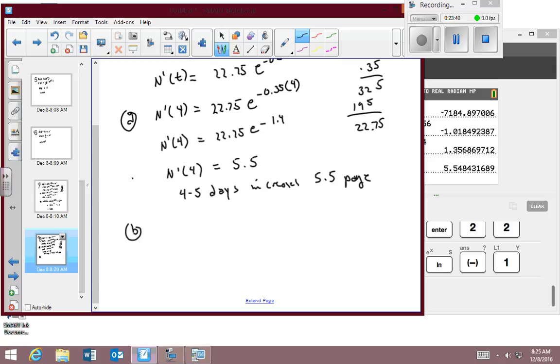B. So from 10 to 11. So it's n prime of 10. 22.75 e to the negative 0.35 times 10. To the negative 3.5.